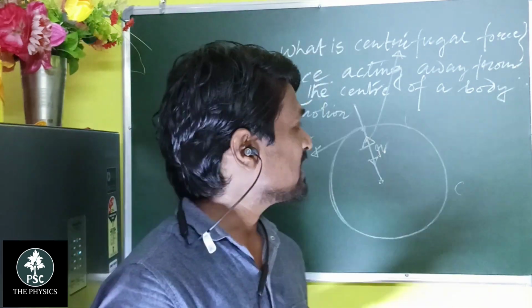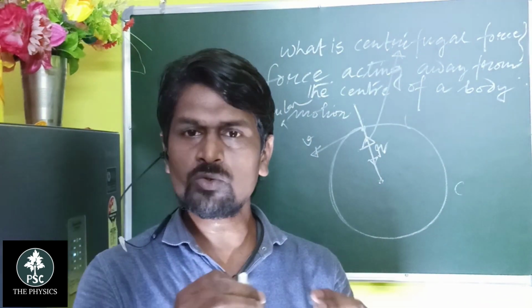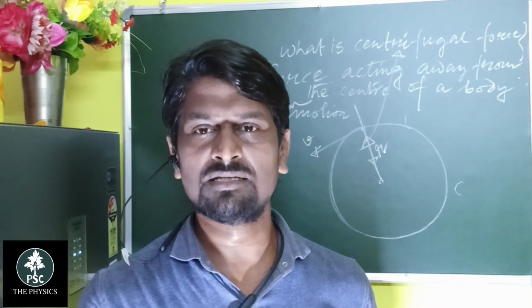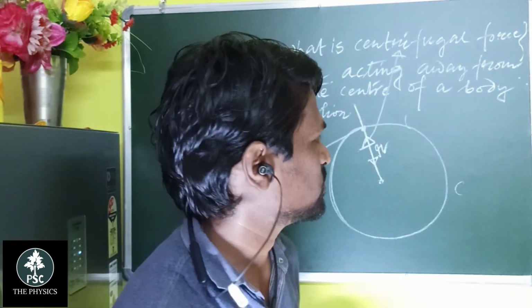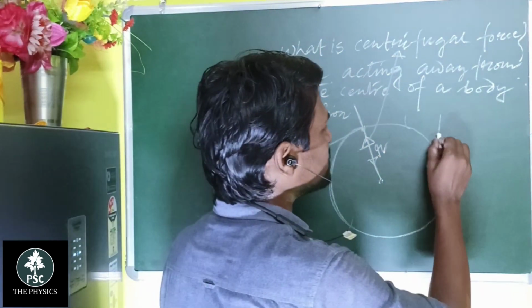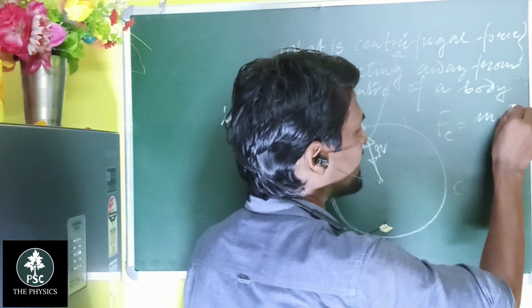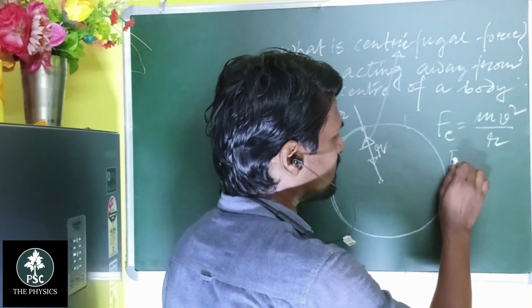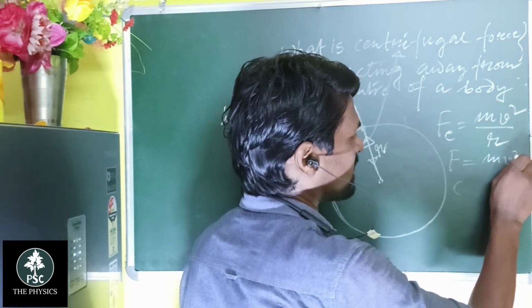Centrifugal force. And what is the magnitude of centrifugal force? We can say that the centrifugal force is equal in magnitude to the centripetal force. The centripetal force is Fc equal to mv square by r, so here centrifugal force is also mv square by r.